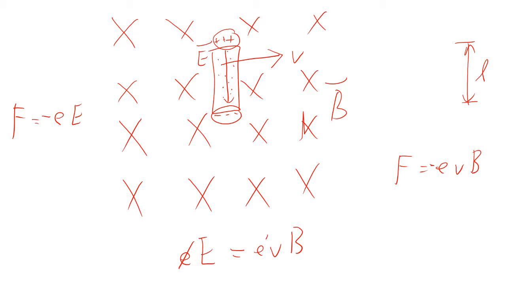The charges cancel. And so what we have left is that the electric field is proportional to the magnetic field and to the velocity. So we have the electric field proportional to the velocity and the magnetic field.